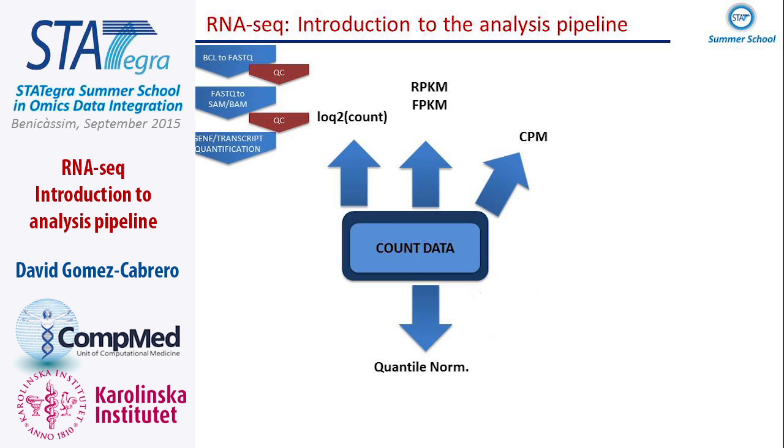Counts per million. This is another way of normalizing. Instead of per the length of the gene, you just say how many reads I have per million reads for every gene. I can do the log 2 of the counts per million, which is quite used for visualization.